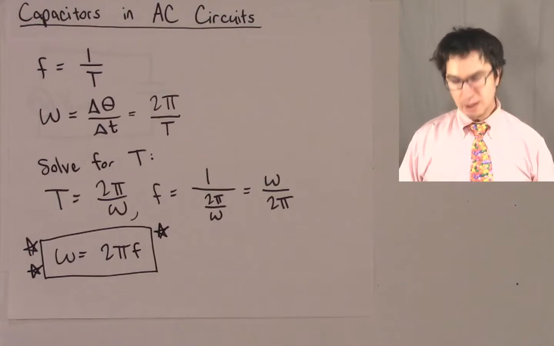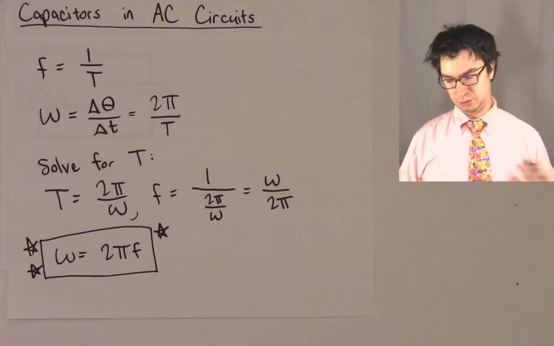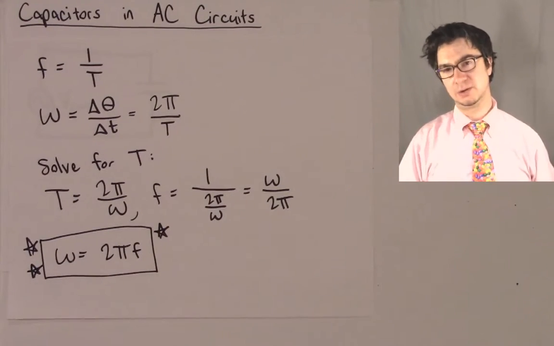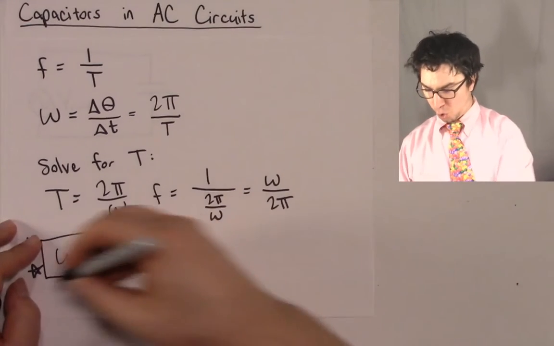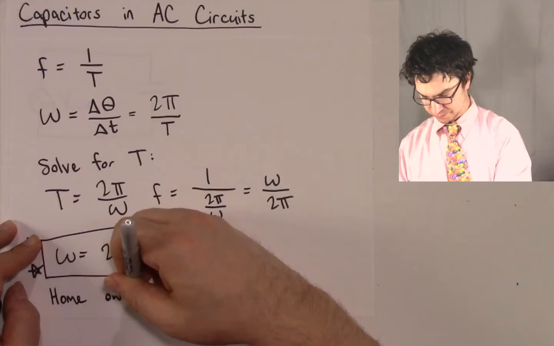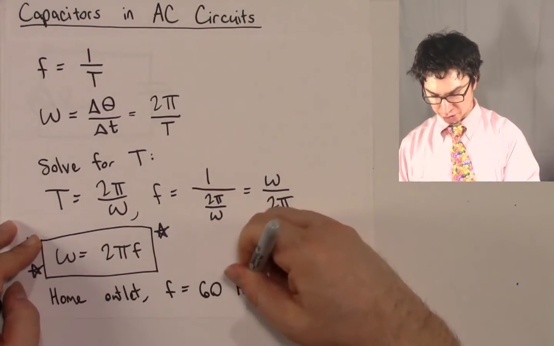So now you might be asking yourself, in an average household outlet, like the 120 volt outlet that you plug your laptop into, what is the frequency? In a home outlet, the frequency is 60 hertz.